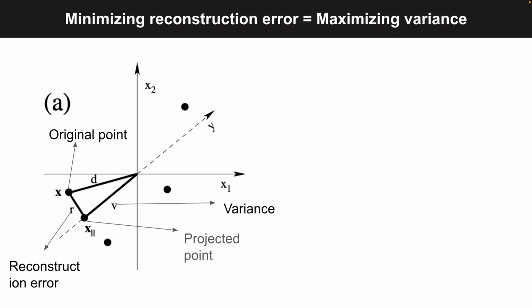Now, if I draw these vectors, right, this is some diagonal D, this is your reconstruction error, and this is some vector V. Okay. Now, if this is mean centered, if this point is x bar, what is x bar?